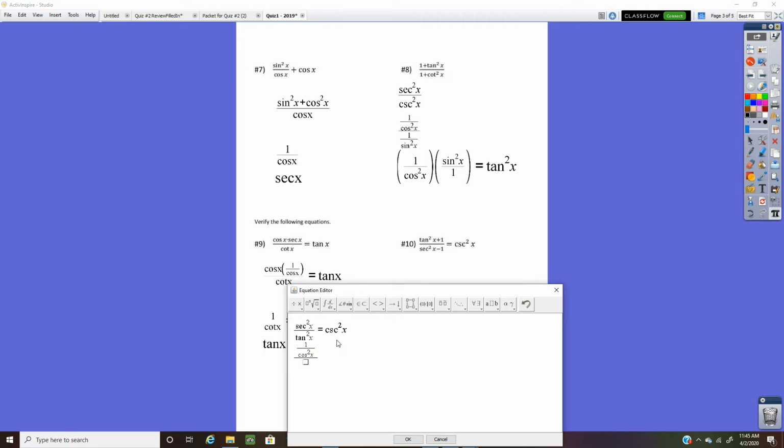And then on the bottom, in the denominator, tangent squared is sine squared over cosine squared. Let me fix this here. Sine squared over cosine squared.